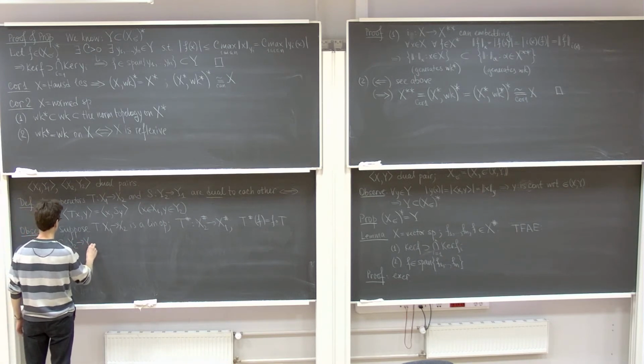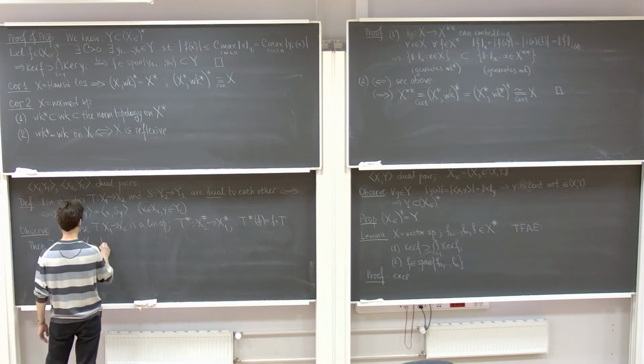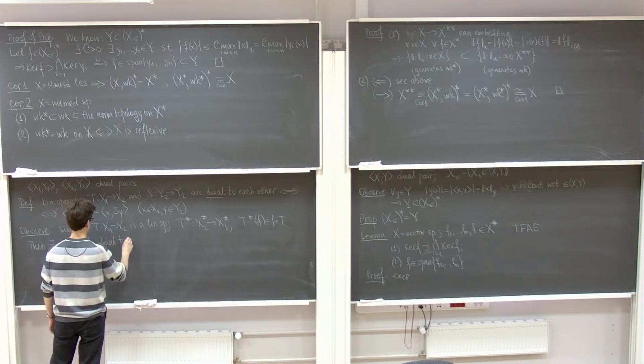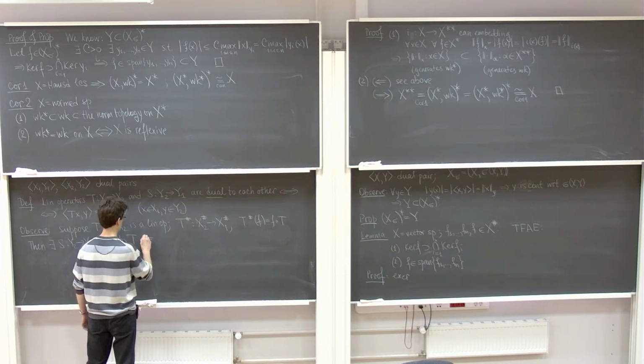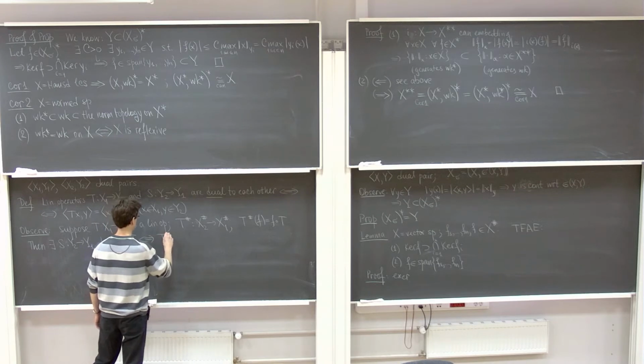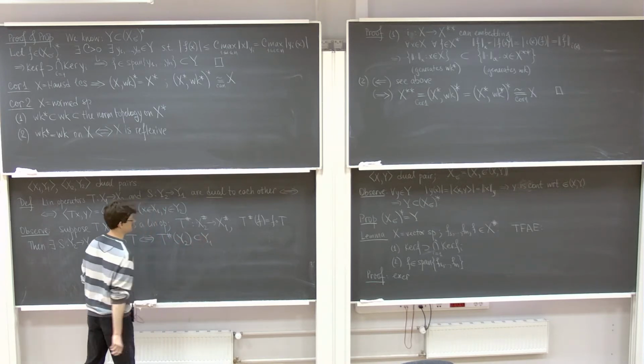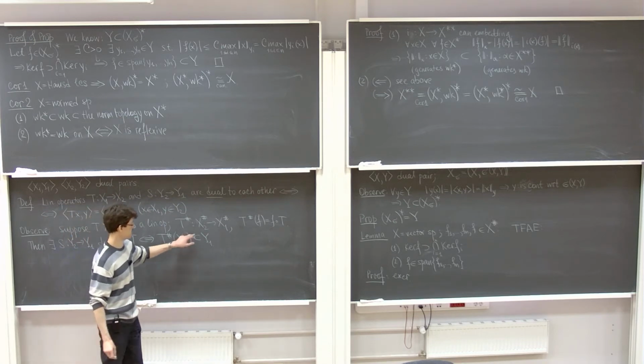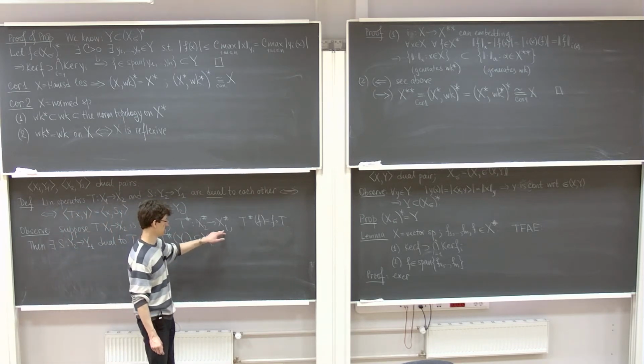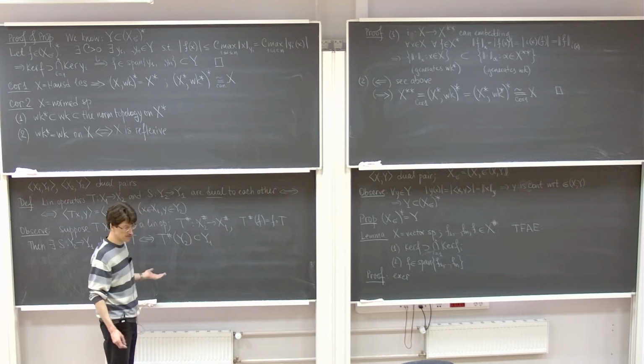There exists a linear operator S, which is dual to T, if and only if T hash takes Y2 to Y1. So Y2 is a subspace here, Y1 is a subspace here. In general, there is no reason to expect that this inclusion holds.